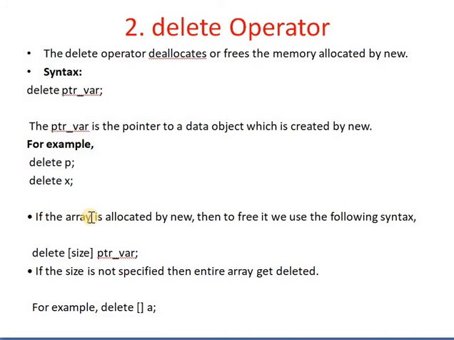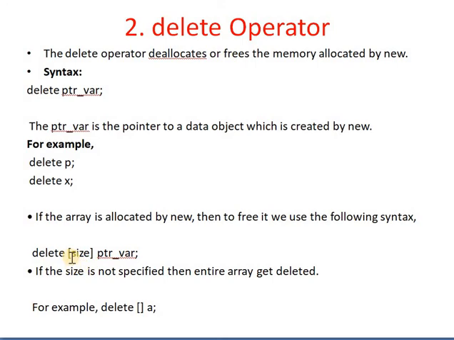If an array is allocated by new, then to free it we use the following syntax. For deleting an array from memory, we delete the particular array pointer variable. So we use the syntax delete, then specify the array size and the array name.